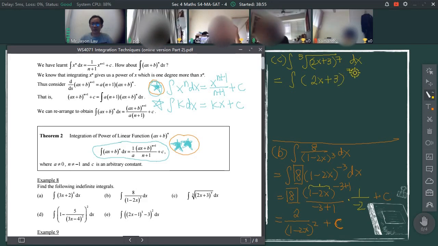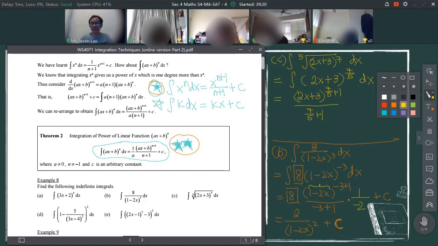So it's 7 over 5. Don't forget about this fifth root, all these things. It's 7 over 5. Then after that it's normal business. Deal with the power first. Add 1 to the power. Then divide by the new power. Then after that, always remind yourself this is a linear term.